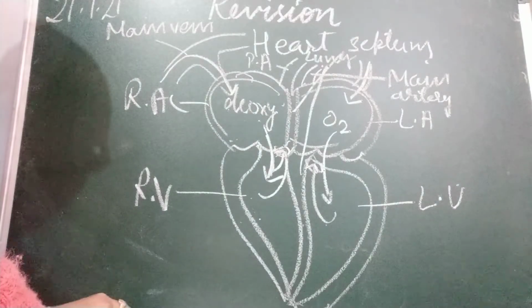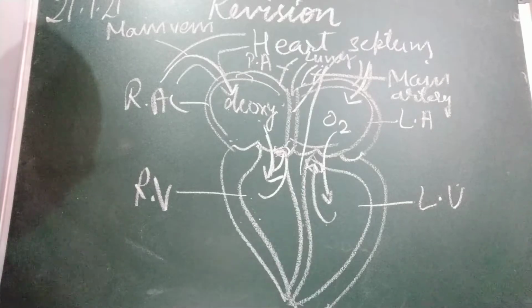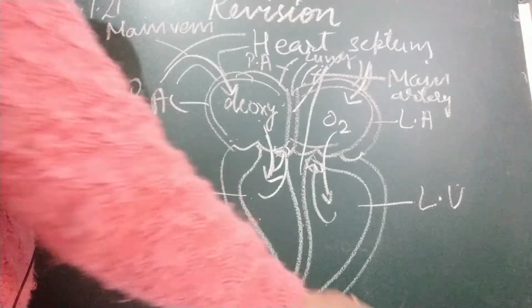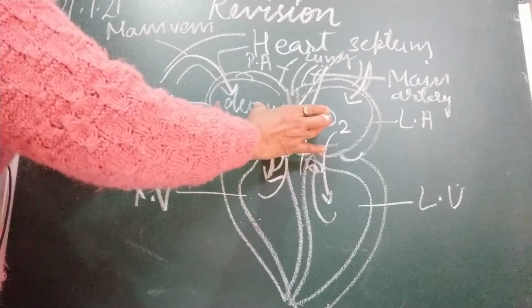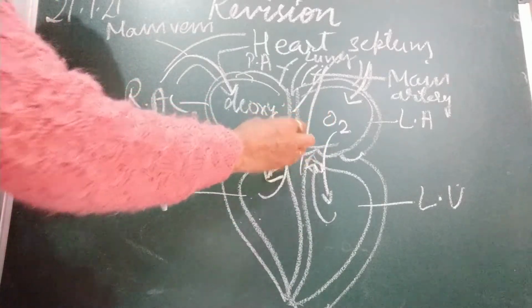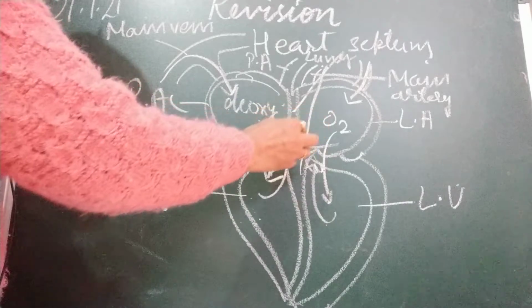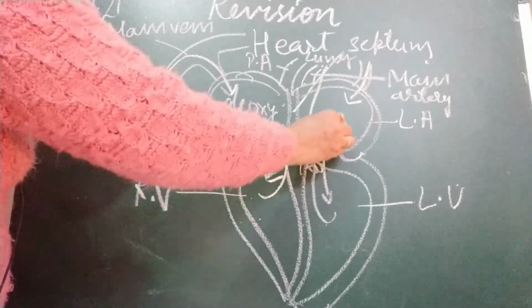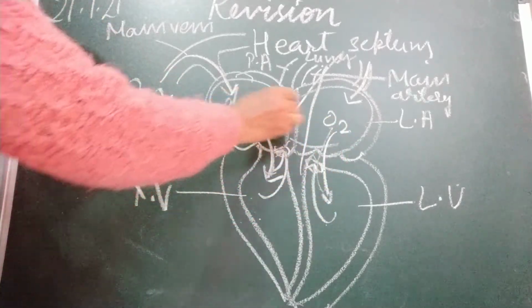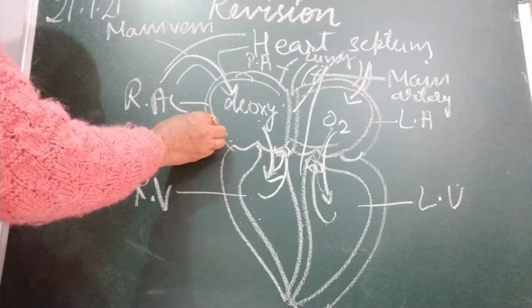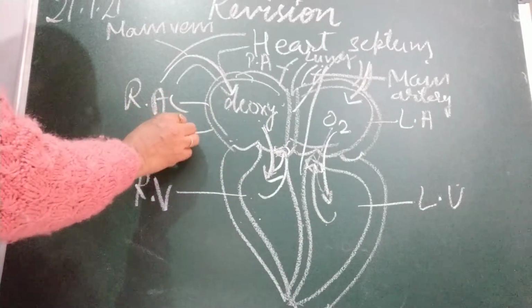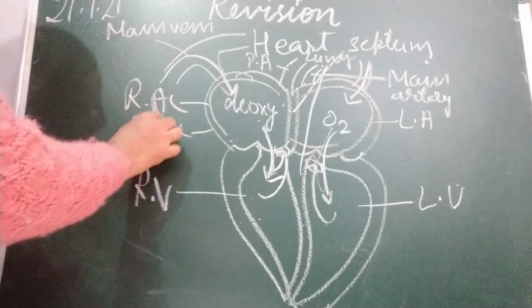Now next we are going to discuss what we mean by heartbeat. Children, when the auricle contracts and the blood goes to the ventricle, the walls are very thin and weak, so it produces a very faint sound, and that sound is called the lub sound.